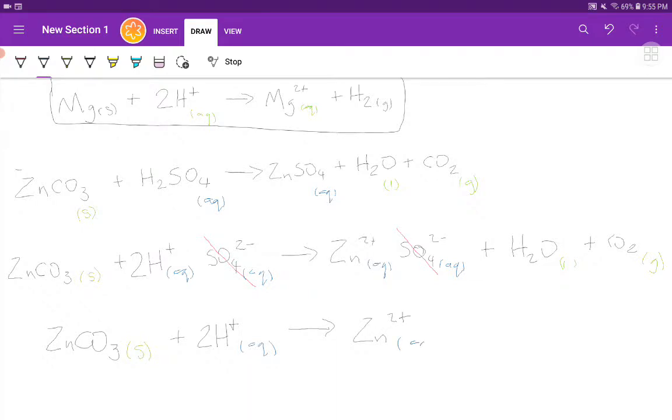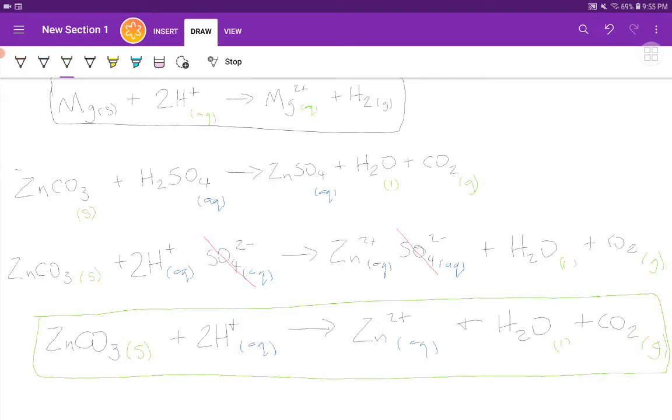Those are in the aqueous state, plus water, which is in the liquid state, and carbon dioxide, which is in the gas state. So this is our net ionic equation.